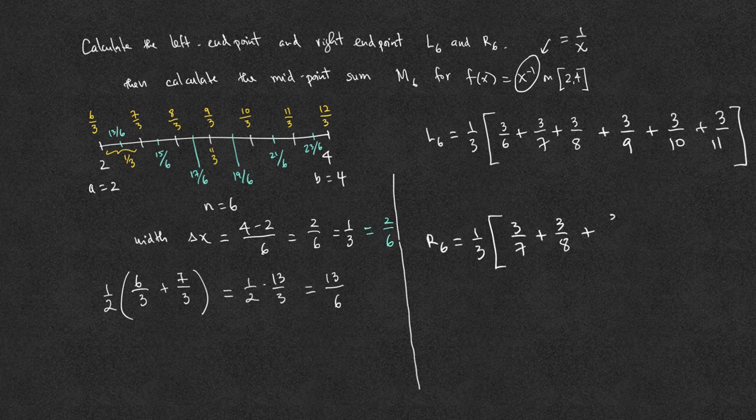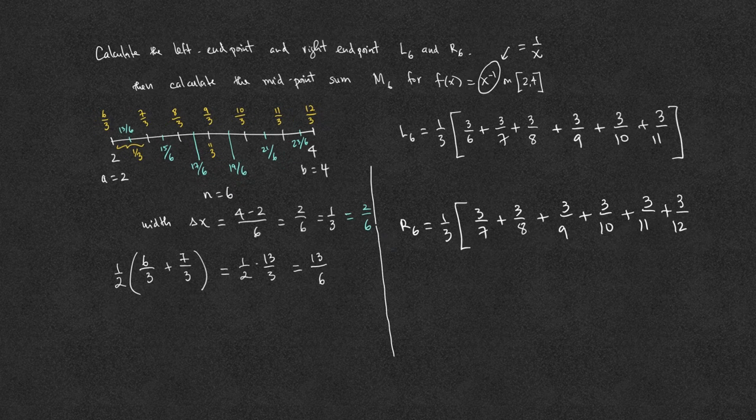The next height is 3 over 9, 3 over 10, 3 over 11, and the last height using the right endpoint is 3 over 12. And so we still have 6 terms inside the sum. Double check that we have 1, 2, 3, 4, 5, 6. Width times height, width times height, width times height.